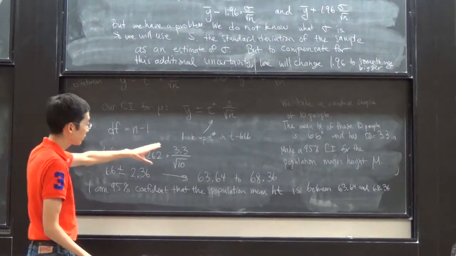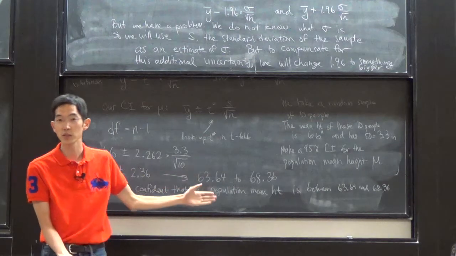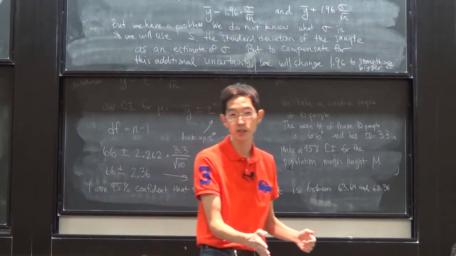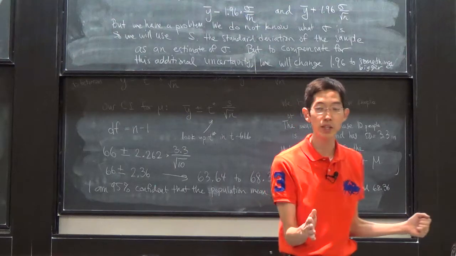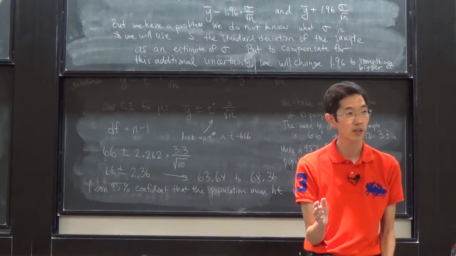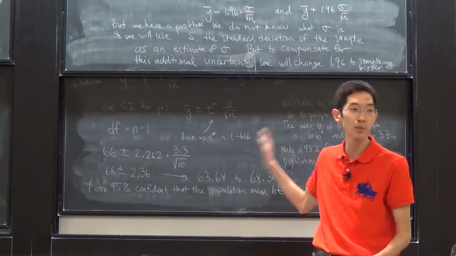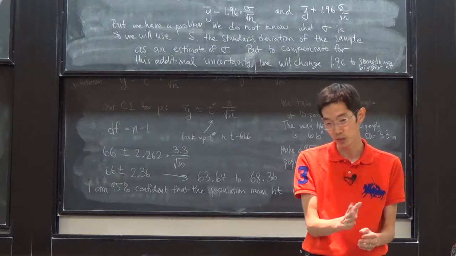In the case of mu, the population mean mu, there is no uncertainty. The mean of the population is some value. We don't know what it is, but it's some value and it's fixed. Okay? The mean of the population doesn't care what my sample looks like, it doesn't care what my confidence interval looks like, the mean of the population is some value mu.